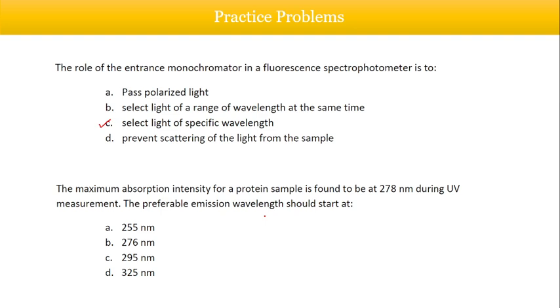Therefore, the preferable emission wavelength should be 10 to 15 added to the given value of your maximum absorption intensity. So 278 plus 10 to 15, we get a value of somewhere around 295 nanometer.